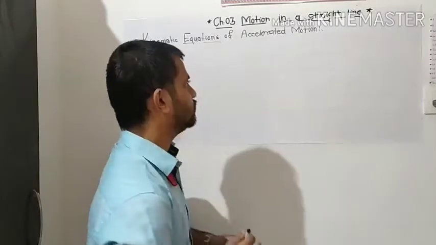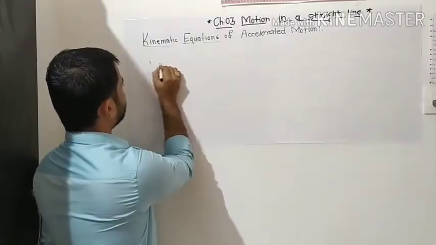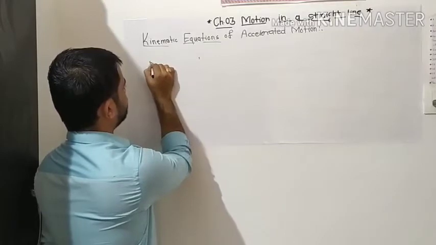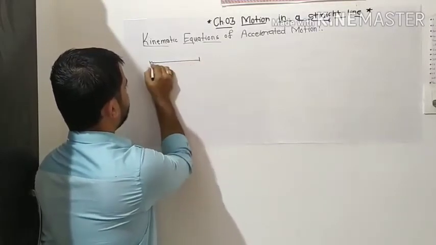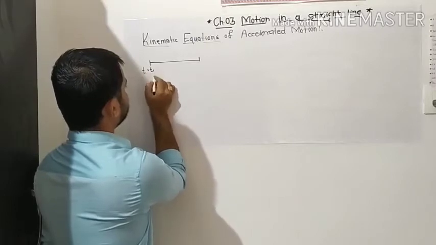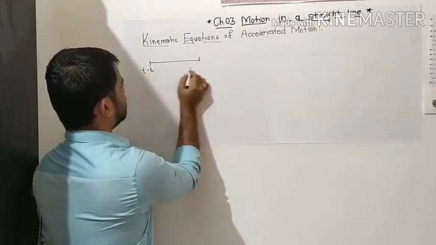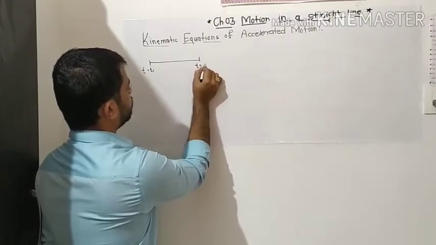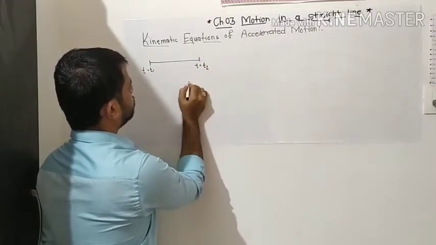Suppose we have to travel from this point to this point. Between these two points, here t is equal to t1, here t is equal to t2.